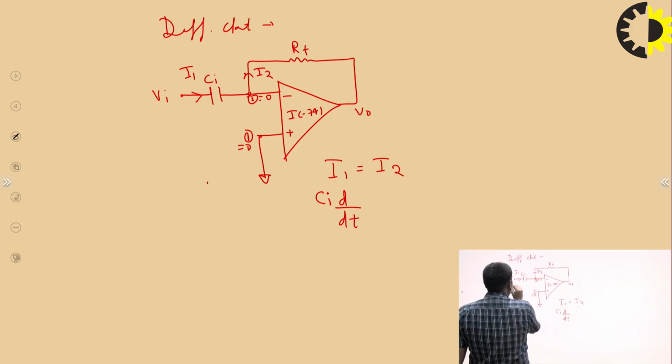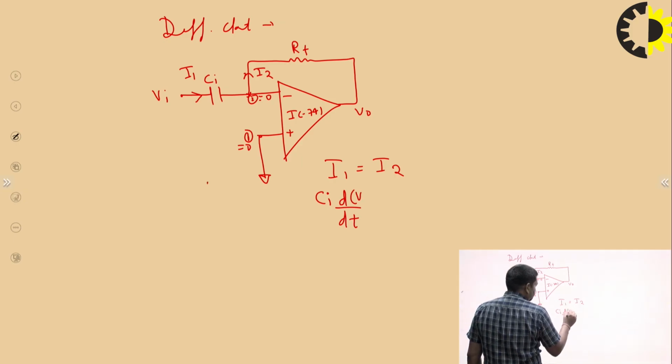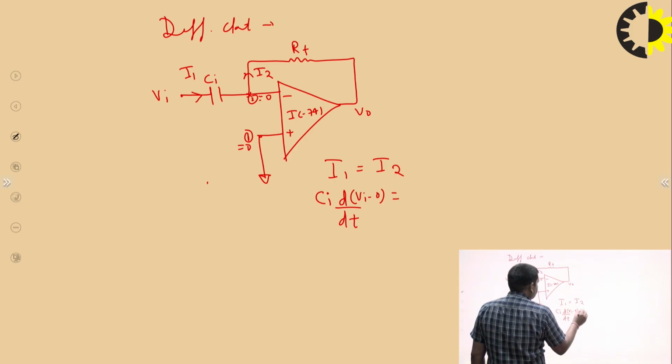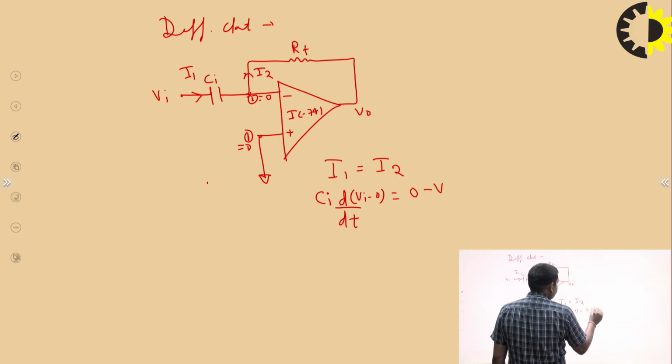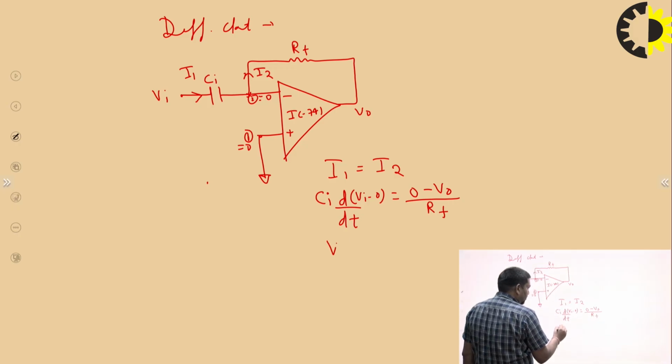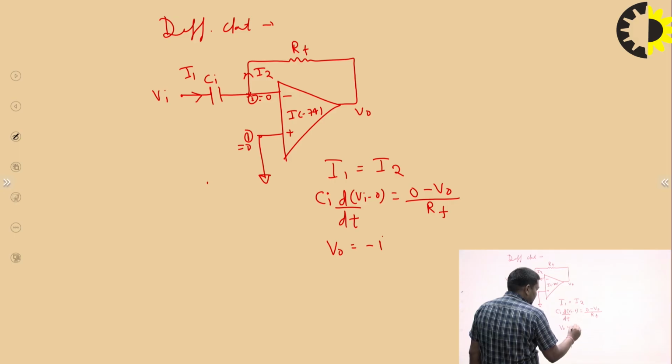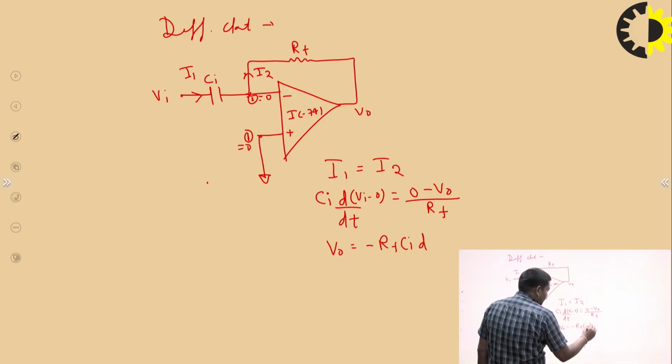What is the potential difference? Vi minus 0. And what is I2? I2 is the potential difference 0 minus V naught upon RF. So we easily calculate V naught is equal to minus RF into Ci dVi by dt.